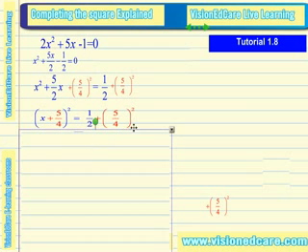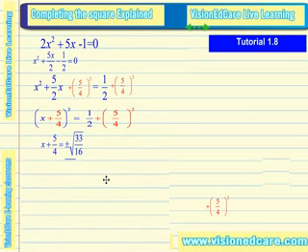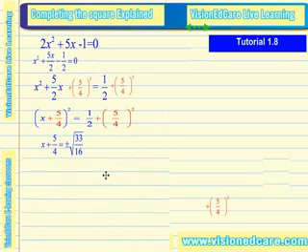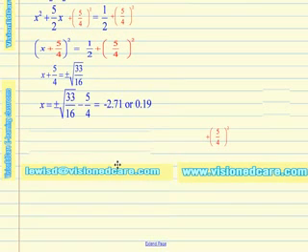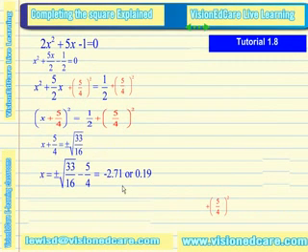So we're going to take the root of both sides of the equation. So here we have x plus 5 over 4 is equal to plus or minus the square root of 33 over 16, and when simplified gives us our final answer, which is minus 2.71 or 0.19.